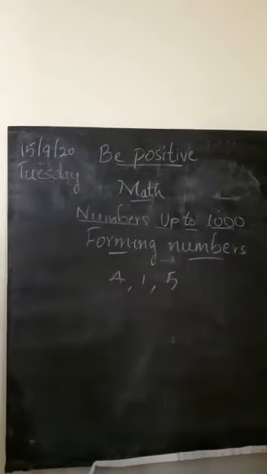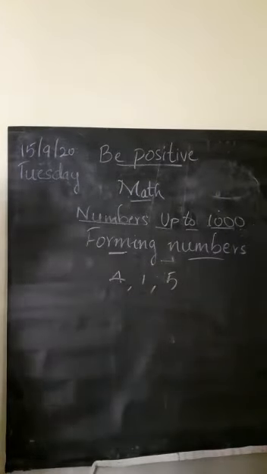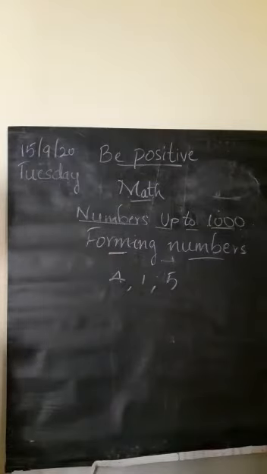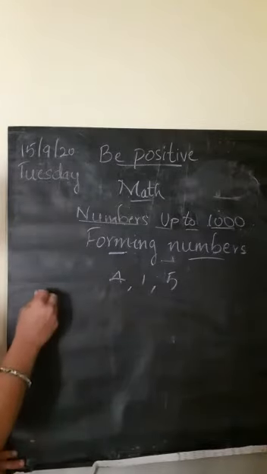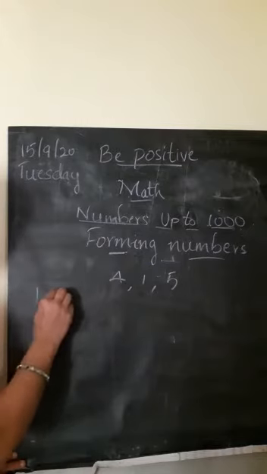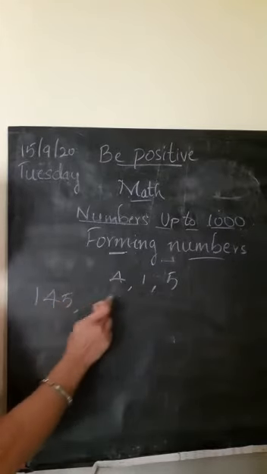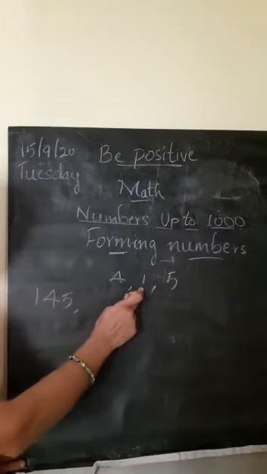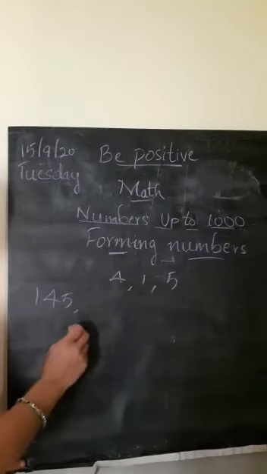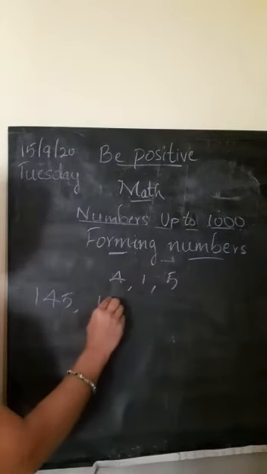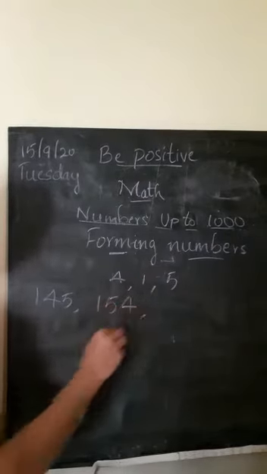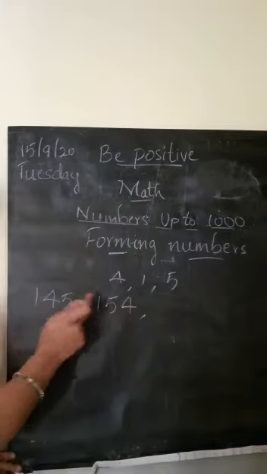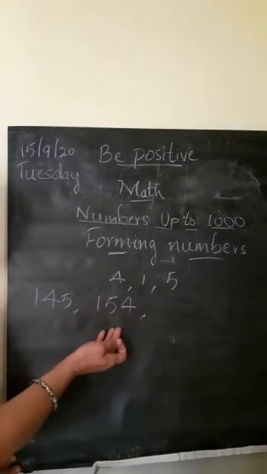Now, let us form the number using the digits 4, 1 and 5. So here, what are the possible numbers? The numbers are 1, 4, 5. Smallest number is 1, after that 4, after that 5. Then 1, 5, 4. After this number we can form one more number.